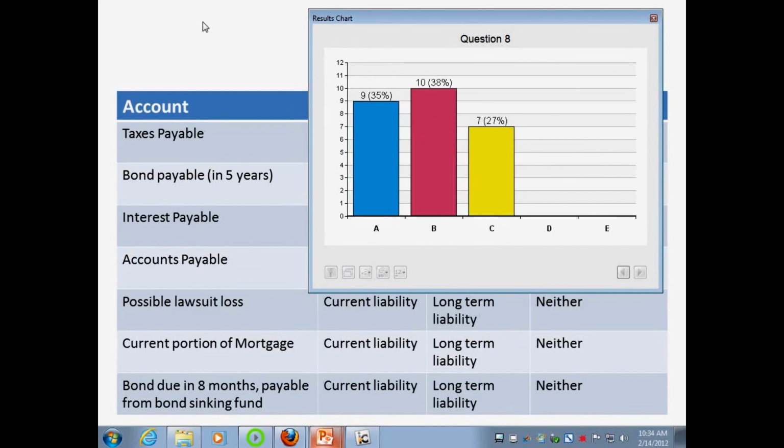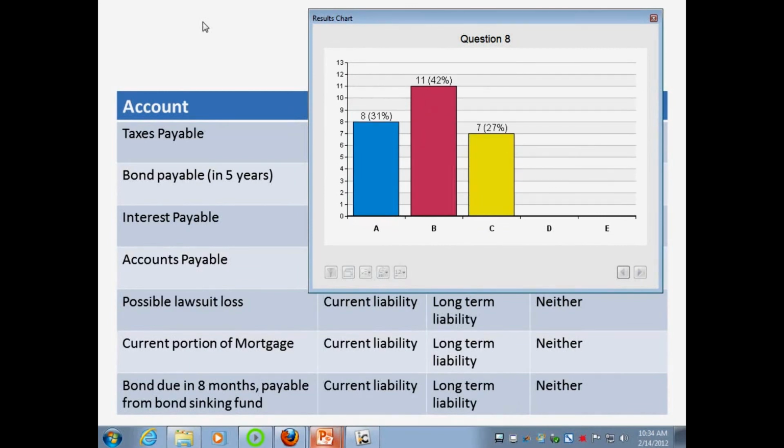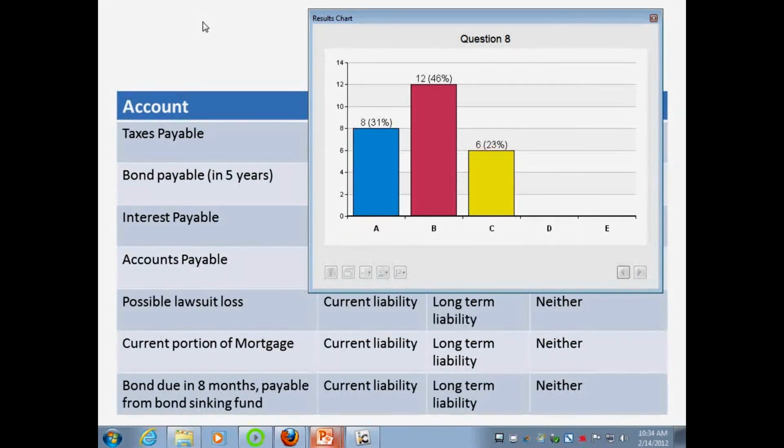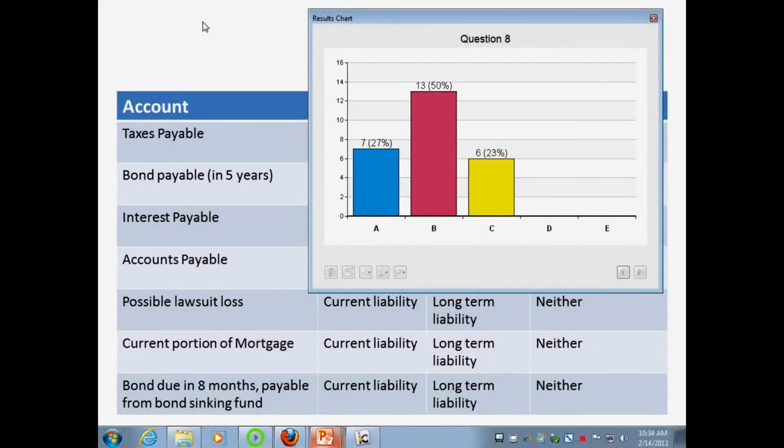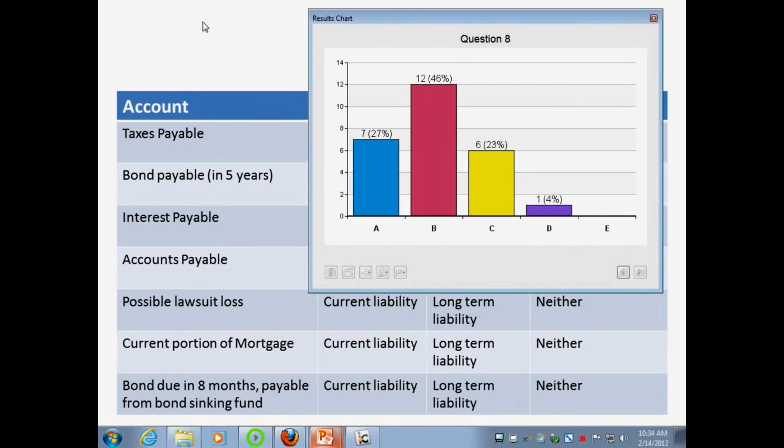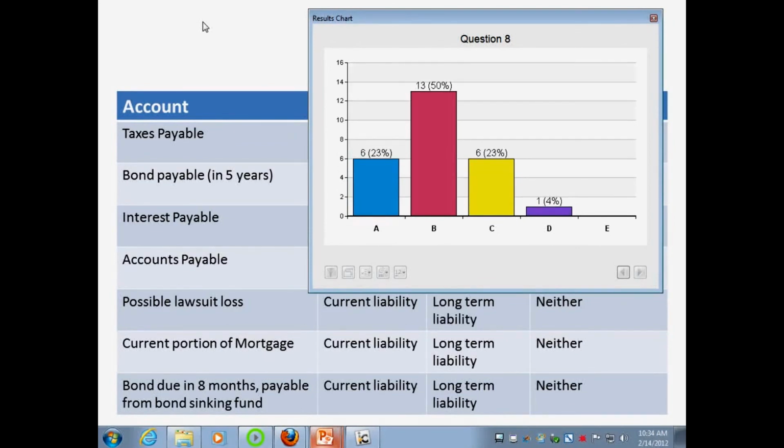You use your long-term assets to cover the liability, so you would consider the bond a long-term liability. It is a liability, so neither is wrong, but it doesn't go into the current section because you're not going to use current assets to pay it off. Yes, you're going to pay it off within a year, but you're using this sinking fund, which is a long-term asset, and it's fully funded. Okay, now you can rewrite your info.